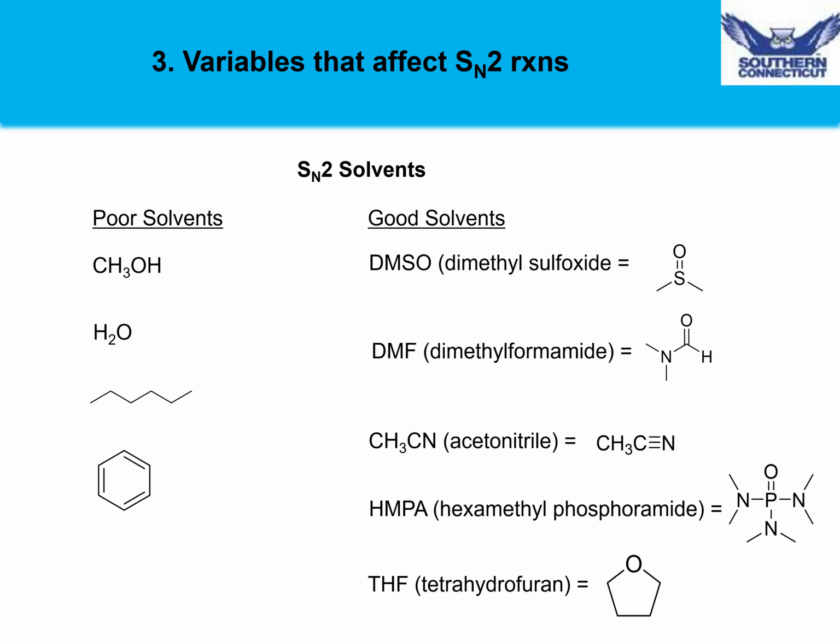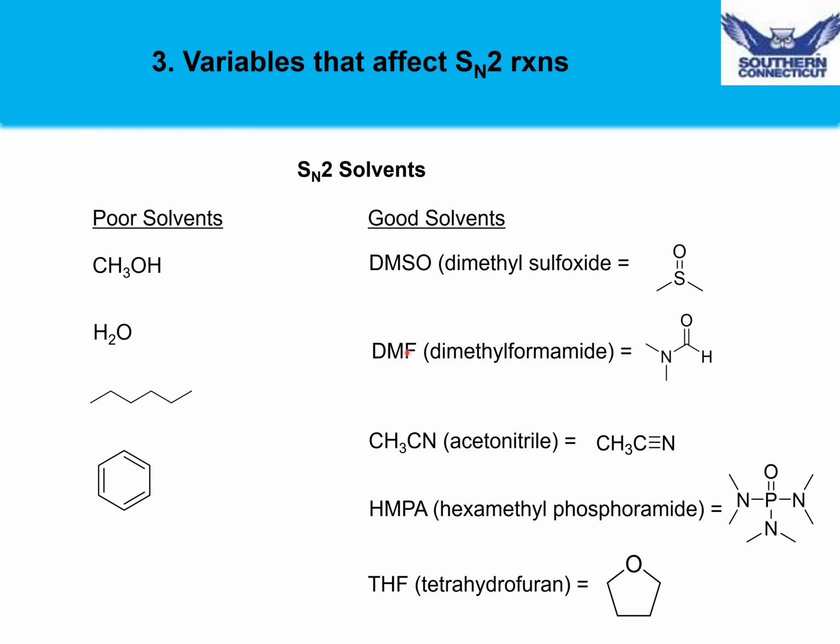Here we see 4 different solvents that are considered poor solvents in the SN2 reaction. So we have methanol and water, which are poor solvents because they can hydrogen bond. Meanwhile, hexane and benzene are non-polar solvents, so they're also poor SN2 solvents.